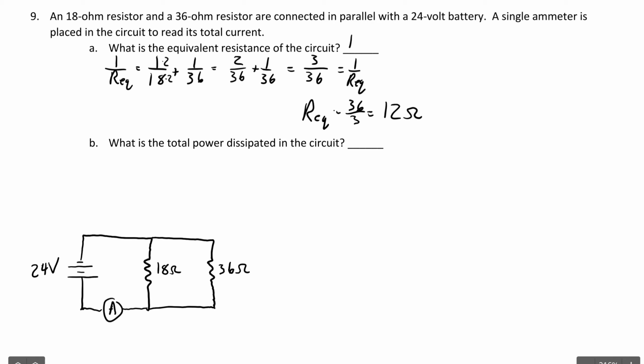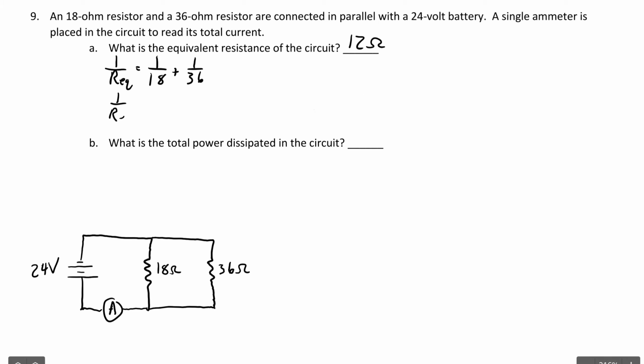Kind of satisfying that the fractions work out like that. And most of the time when people are writing these problems, if they're nice, they'll give you some nice numbers so that you can do that fraction flip fanciness with it. But again, you could just plug in the numbers in your calculator if you want. It would look like this. You get 1 over Req is equal to 0.083 repeating, very messy, very weird number.